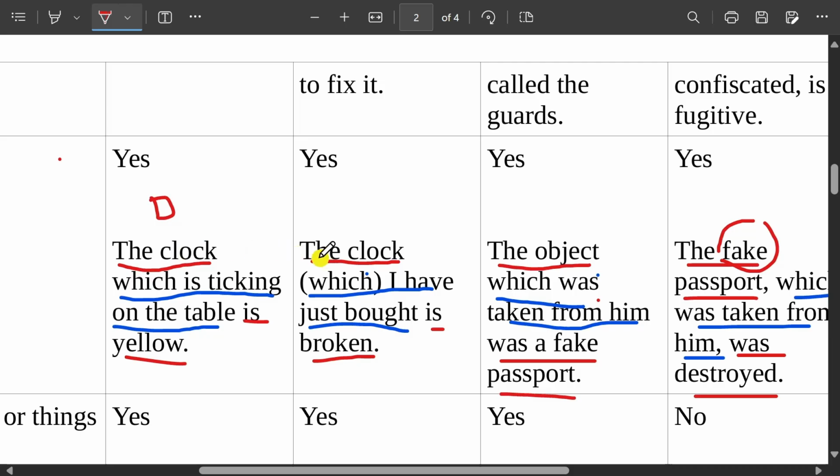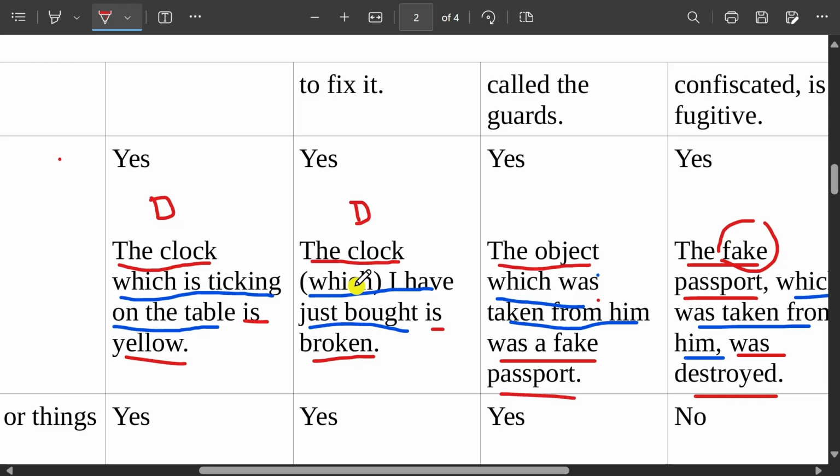But let's take this one. The clock which I have just bought is broken. Defining or non-defining? The clock. It's defining as well. But which is not the subject, it is the object.